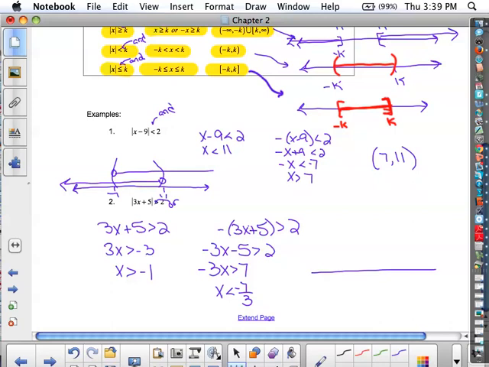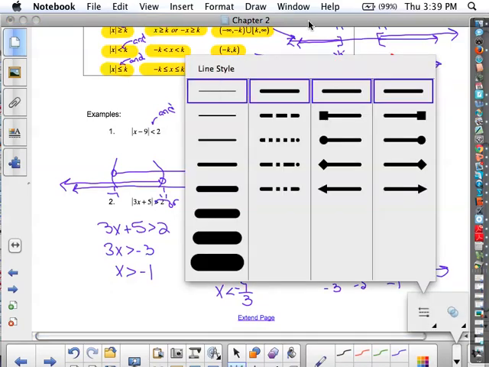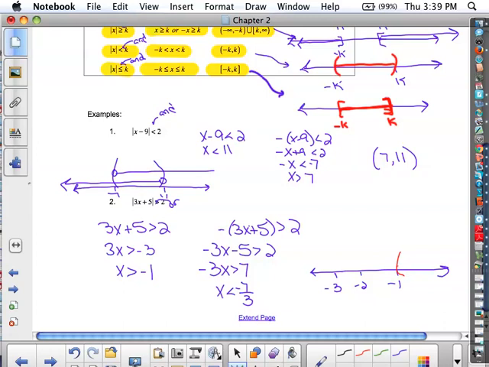So on my number line, I have negative 1, negative 2, and negative 3. So x is greater than negative 1, so that region.